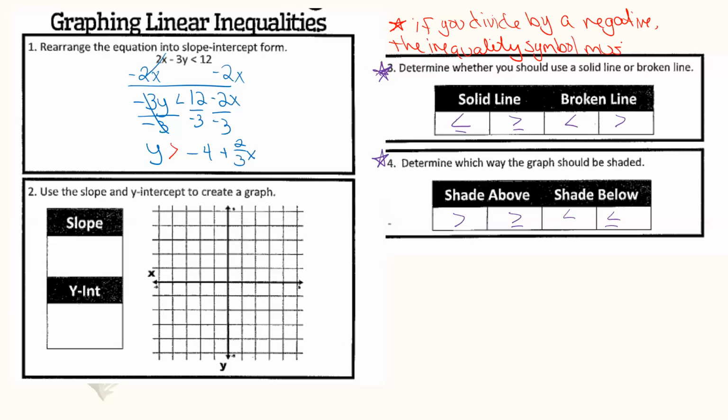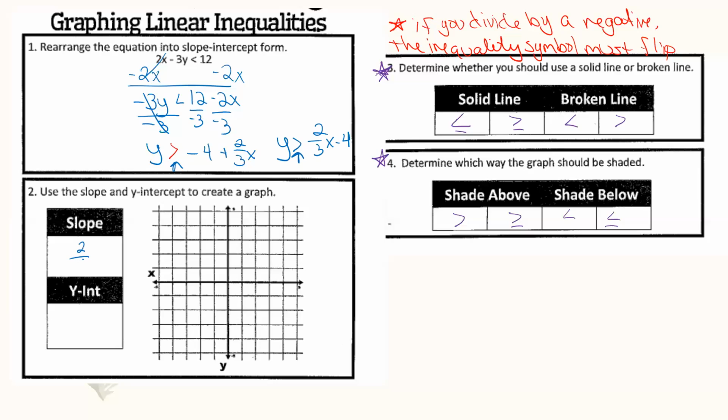If that doesn't happen, we're going to end up shading the wrong way. So we need to make sure to remember to flip that symbol. Your inequality can be written this way, or again, you can put your slope first. Doesn't matter. But notice how our inequality symbols have flipped compared to the original.